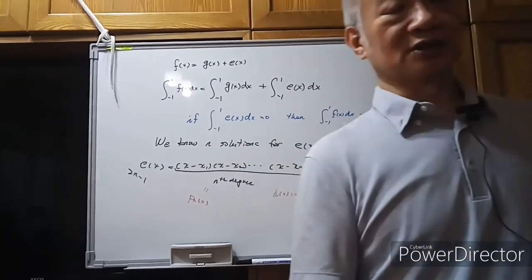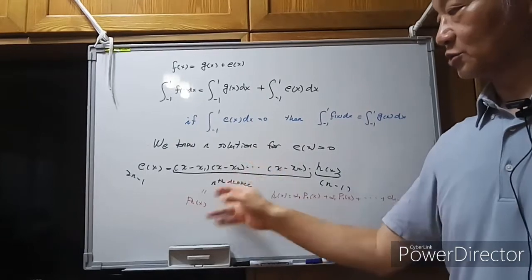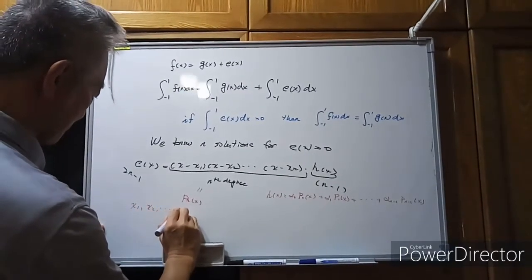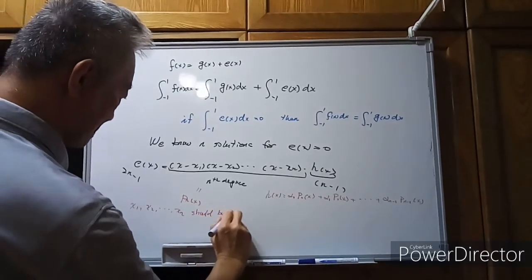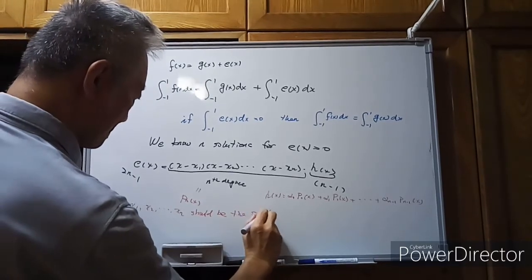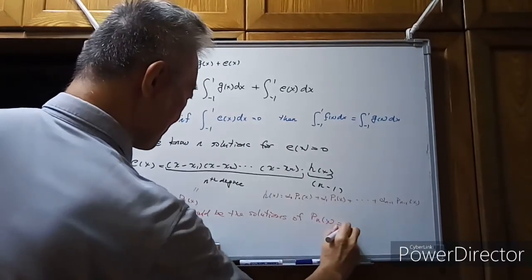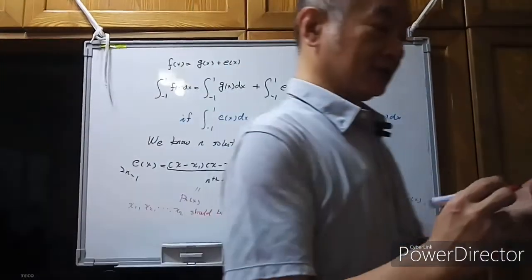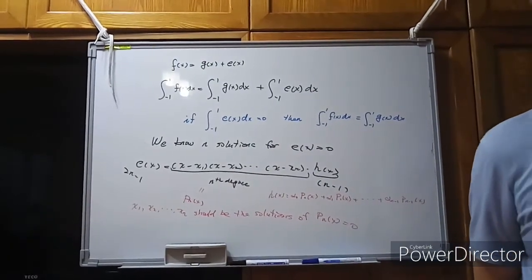So if we can control all these x1, x2, until xn, they are the solutions of this. Okay, so if we can control the x1, x2, until xn, they are the solutions of the Pn of x equal to 0.